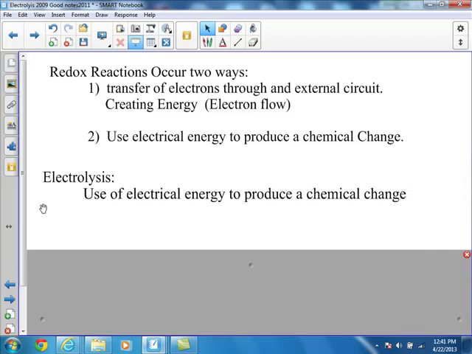This is called electrolysis, and electrolysis uses electrical energy to produce a chemical change. So now you're actually going to force the electrons to go where you want them to go.